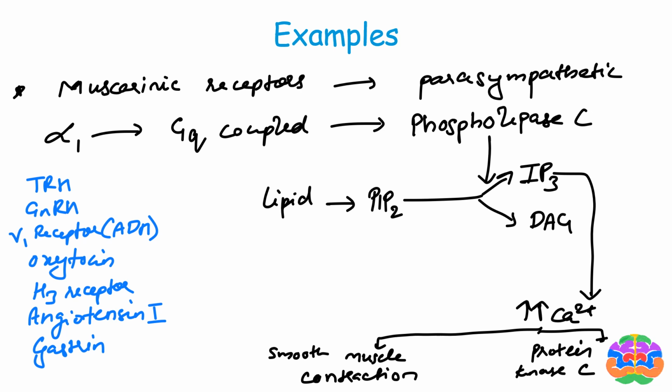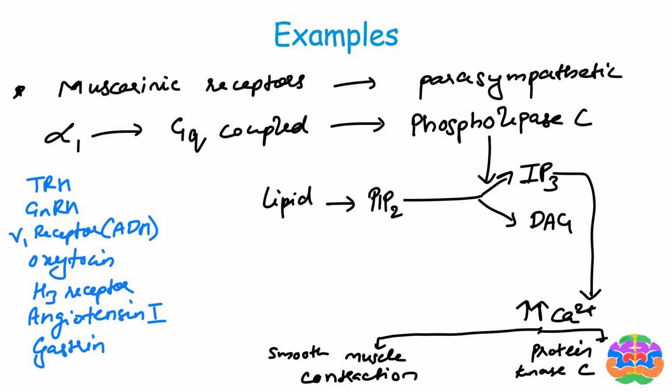PIP2 is split into IP3 and DAG, which are inositol triphosphate and diacylglycerol respectively, which causes increased influx of calcium into the cell, leading to smooth muscle contraction and activation of protein kinase C.